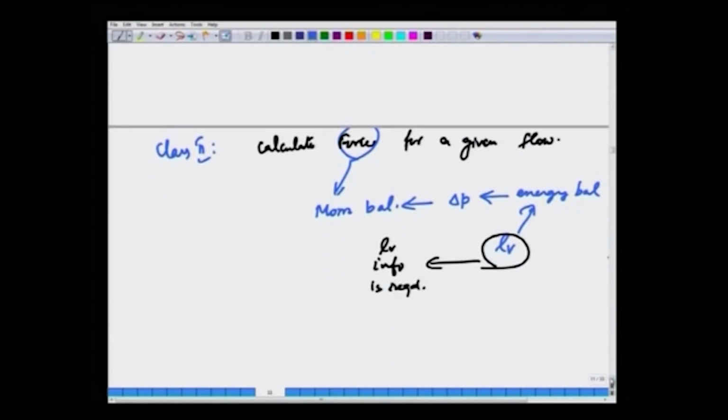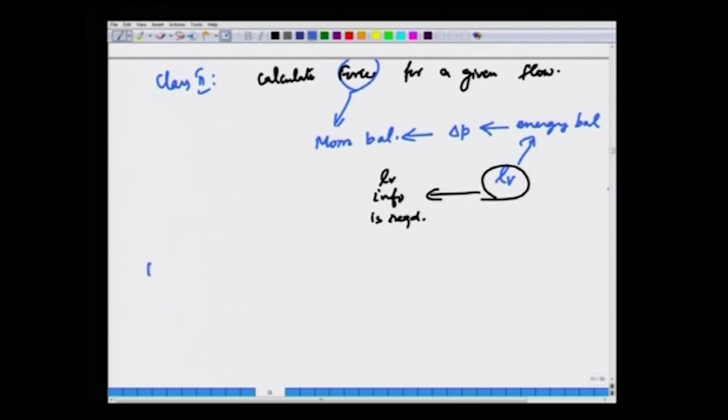The third class of problems involves calculating delta P for a given flow. You will be given a flow, the velocity, and asked what delta P is required.